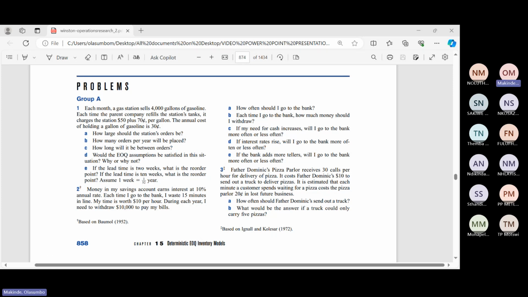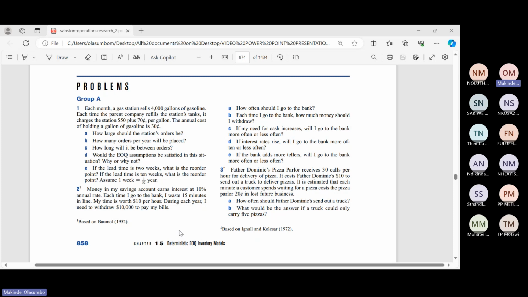So let's look at another example. Father Dominic's Pizza Parlor receives 30 calls per hour for the delivery of pizza. You can see how this is applied in KFC or any other place.